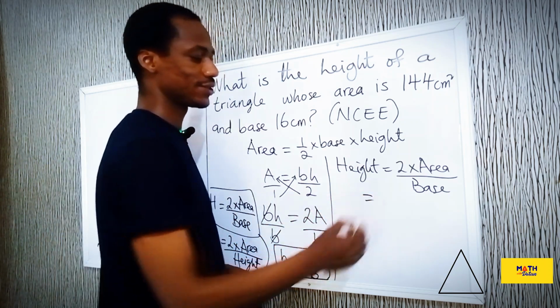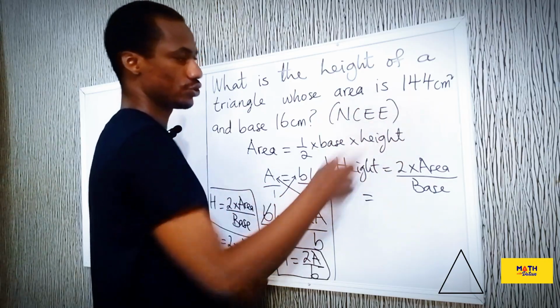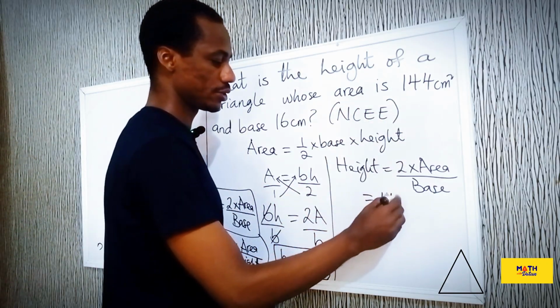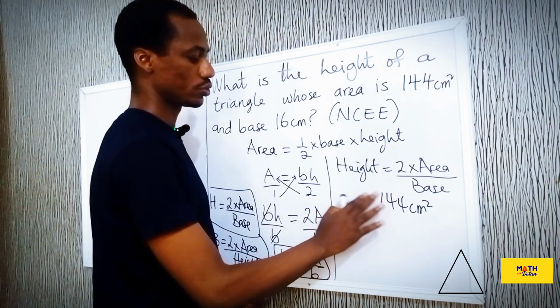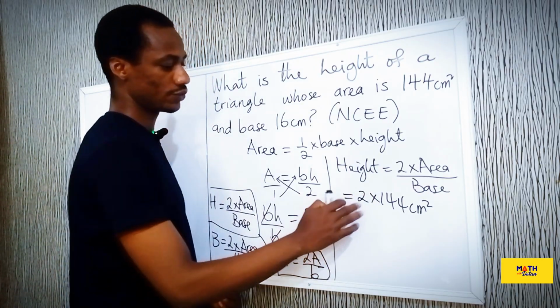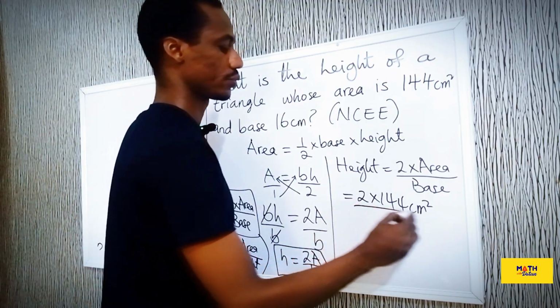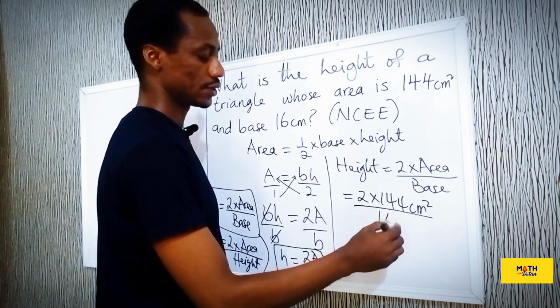So let's plug in our values and solve. We have area to be 144 centimeters squared. We should have the units, so please don't forget that. So we have 2 times the area all over the base, which is 16 centimeters.